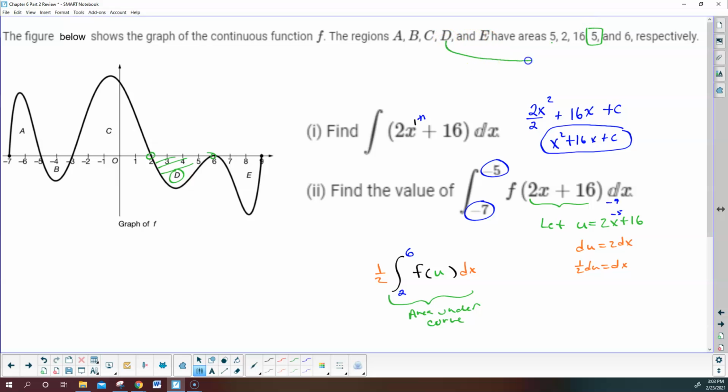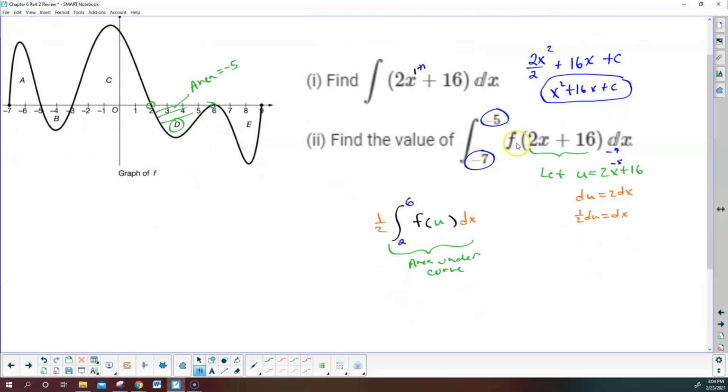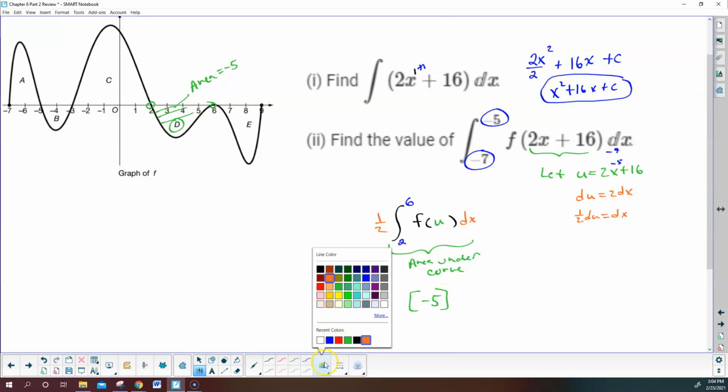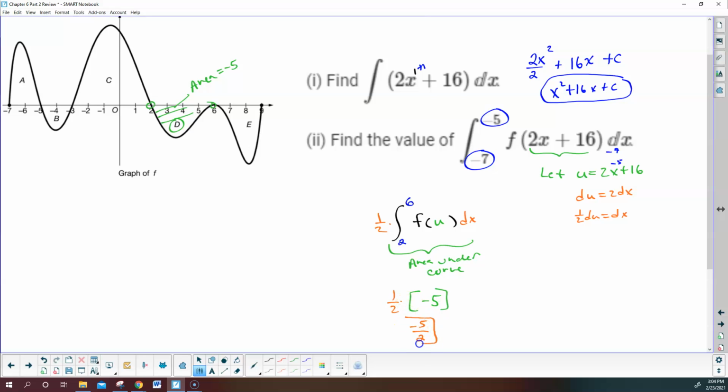Here's what it is. D, they tell me in the directions, has an area of 5. However, it's below the x-axis, so I'm thinking that is equal to negative 5. And then we just can't forget about our multiplier, 1/2. So the answer to part 2, this integral, is actually equal to negative 5 halves.